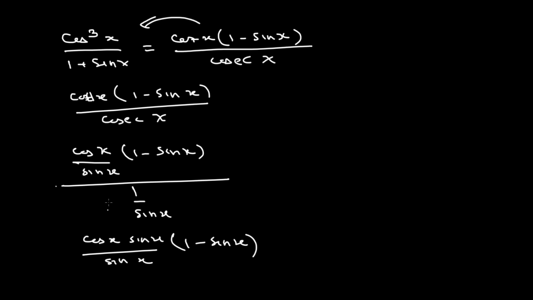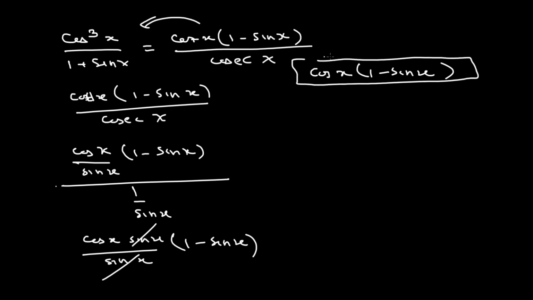Right, so remember, we're targeting cos squared x here. So here and that goes. So I have cos x, right? Then I have 1 minus sine x. All right, so now we've landed here. So we've got to think hard now to see how can we get our cos.